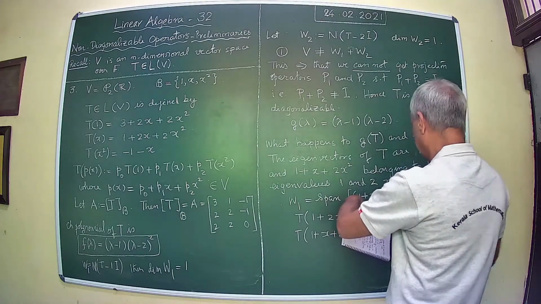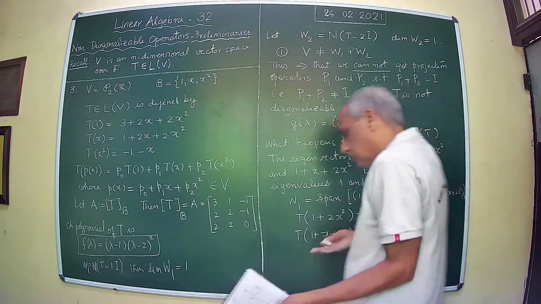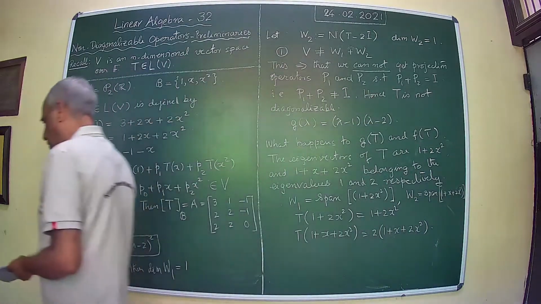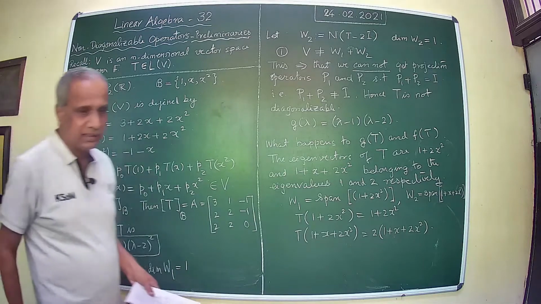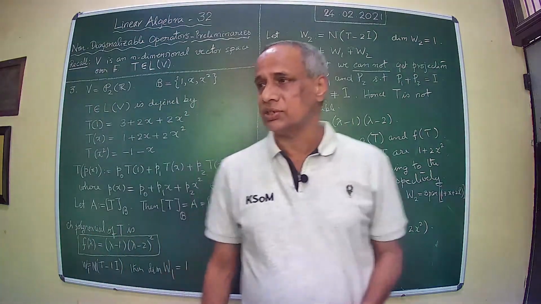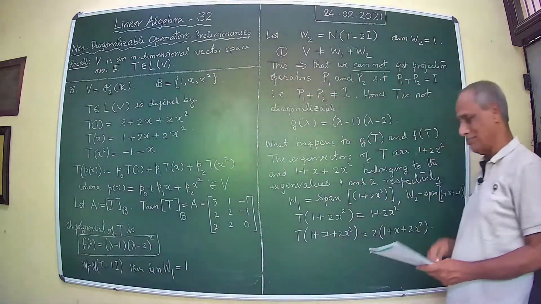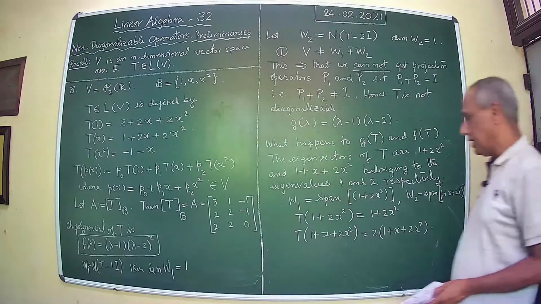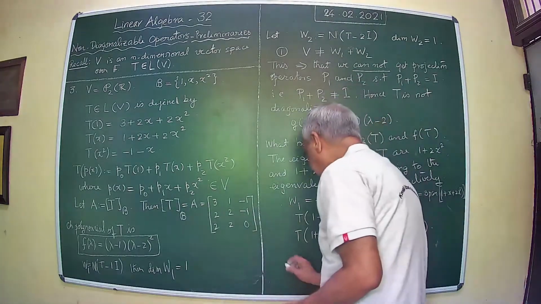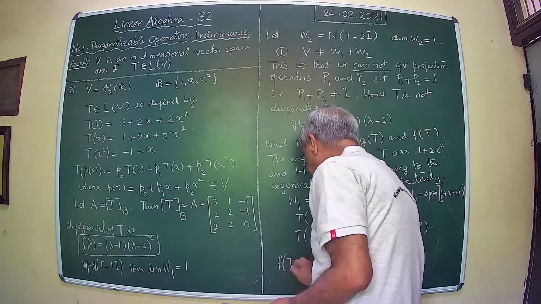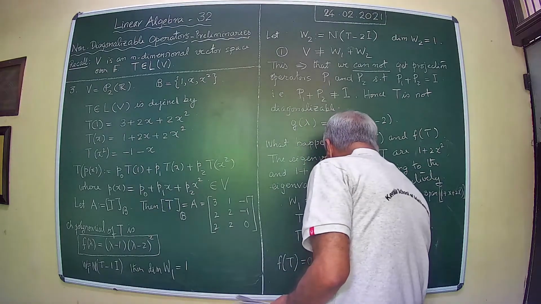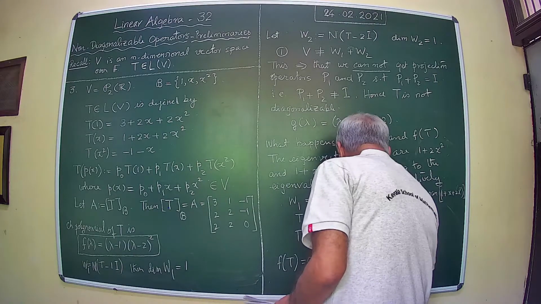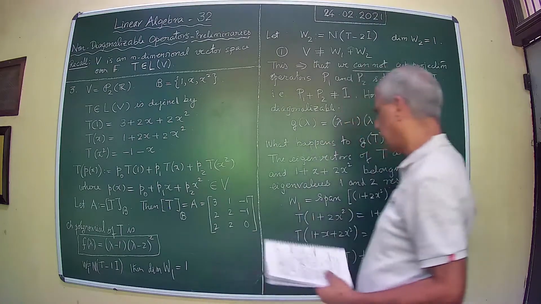If you use them as an ordered basis, you don't get enough vectors to cover the whole space coming out as eigenfunctions of T. That's the problem. Now we observe that f(T) equals 0 and g(T) is not equal to 0. Let us quickly do some computations.